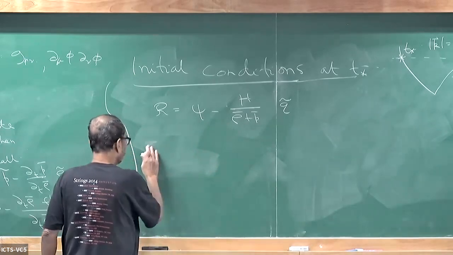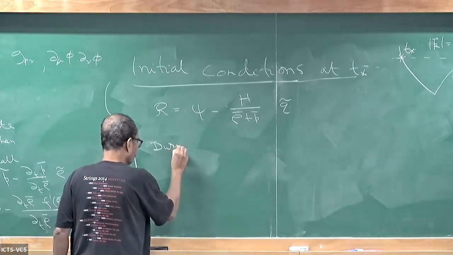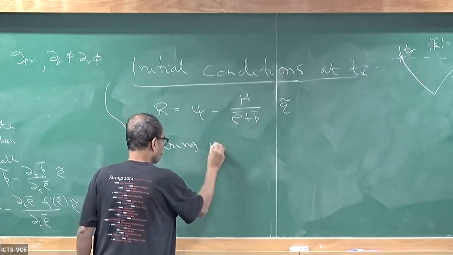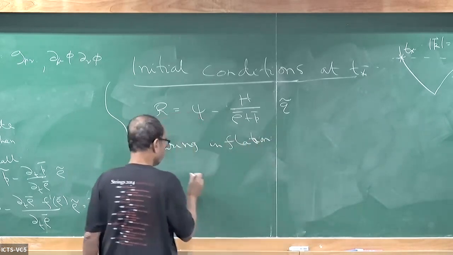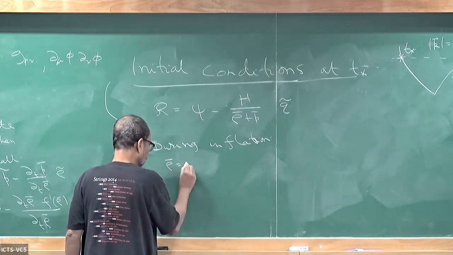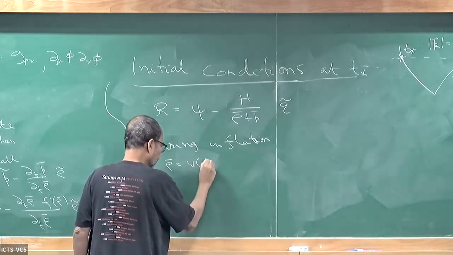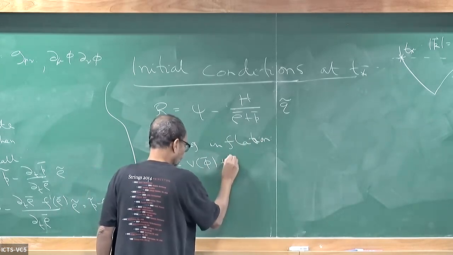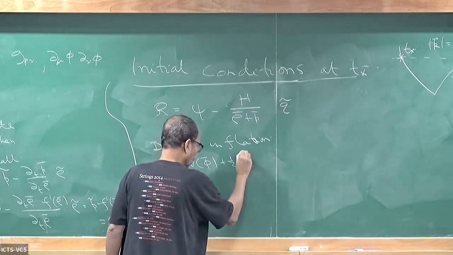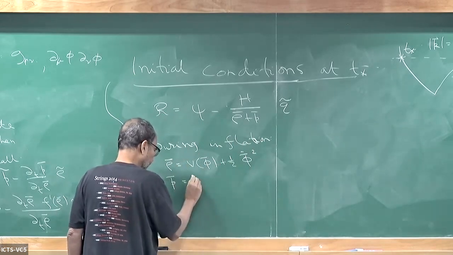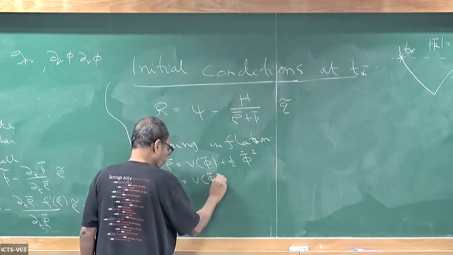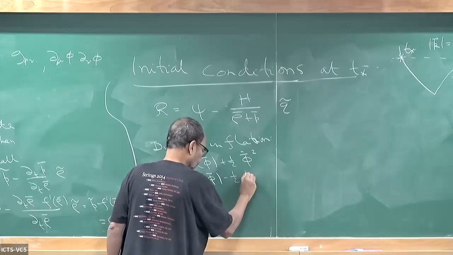So during inflation, rho bar was p of phi bar plus half phi bar dot square. We did this calculation yesterday, but I think we had used the wrong sign. Let me do it again.